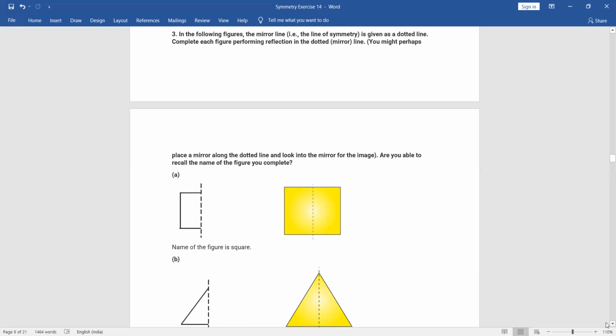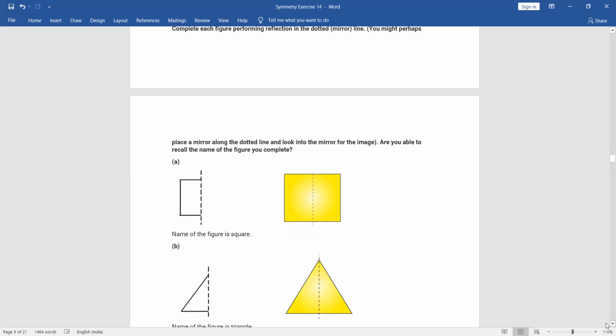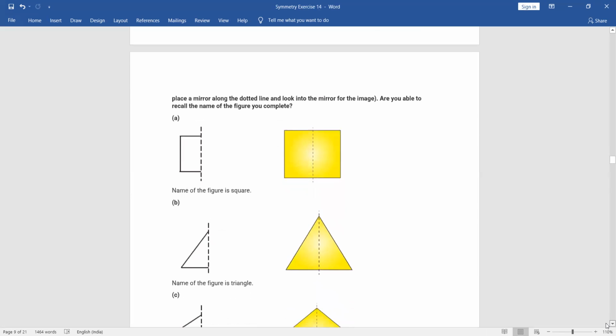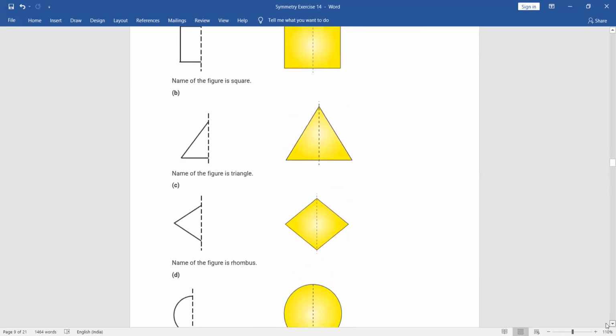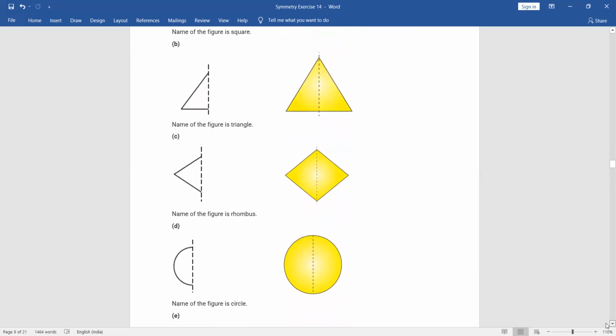One more thing we need to take care of while dealing with mirror reflection is the left-right changes, or orientation. So just see how we are completing this figure. In the first figure, it is clearly mentioned that this figure is a square. Have a look at the other one. If we complete it, it is a triangle.